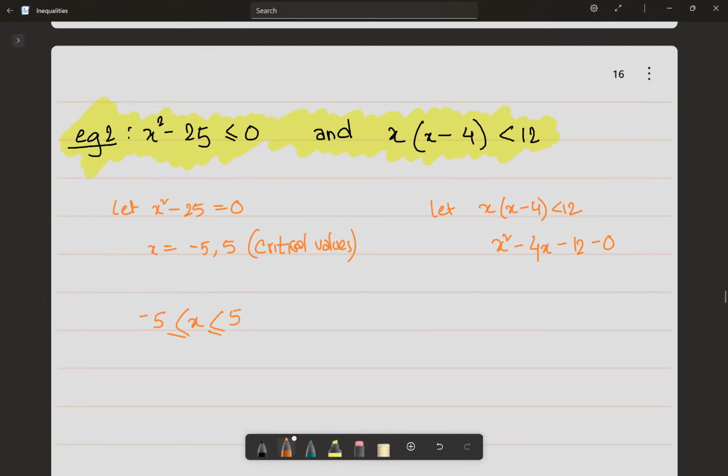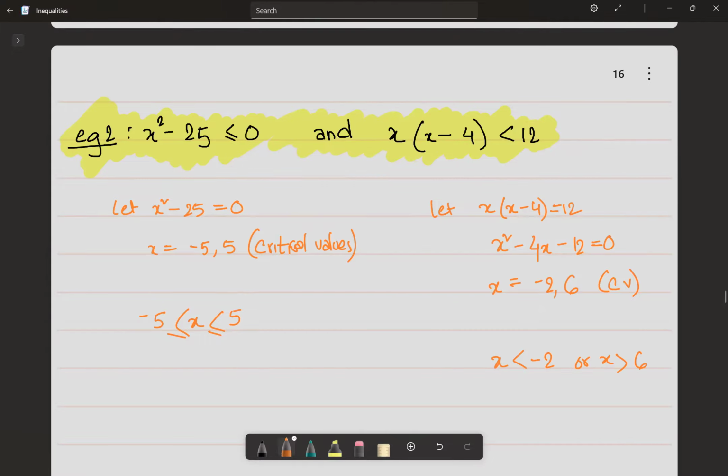So we will put the equal to sign in here, and then we will solve for the critical values. Our critical values come as minus 2 and 6. So if we draw the table or the graph, then our final range comes as x is less than minus 2 or x is more than 6.